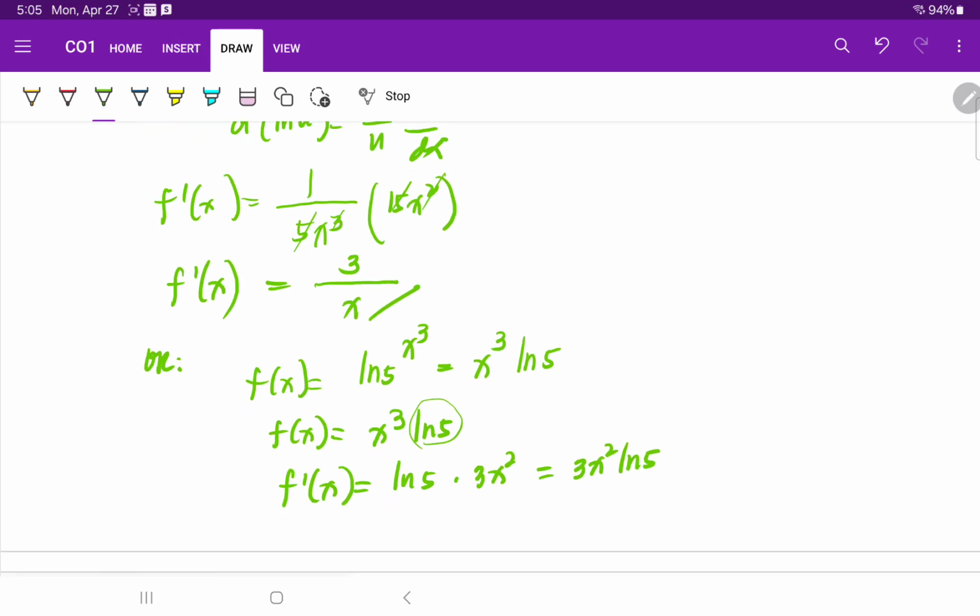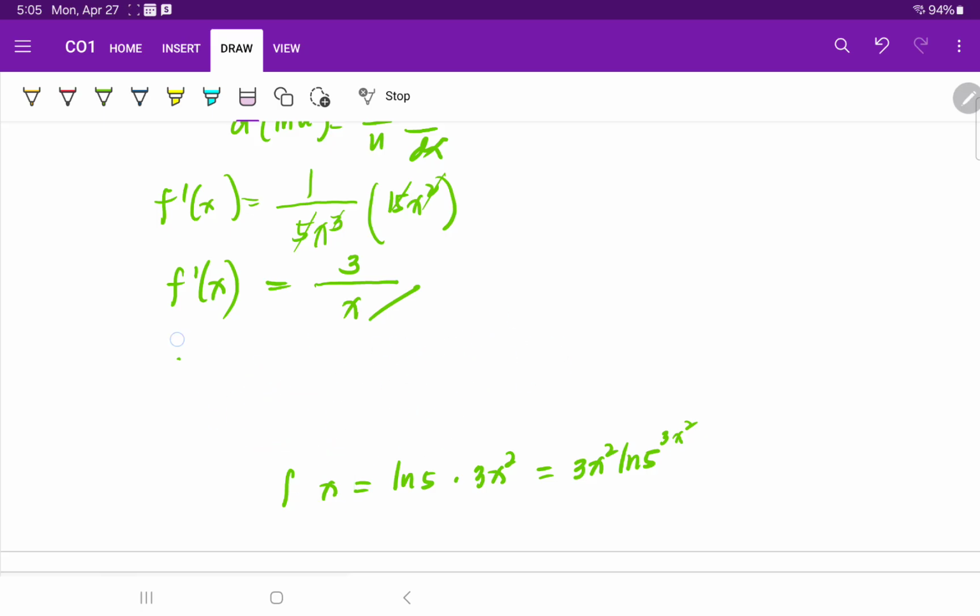We should get here also 3 over x. Ln of 5. Kasi we could write this as, we could bring this up. But we have to simplify. Hold on. Wag na lang to, because you should get the same answer, but we still have to simplify this. So, medyo mas mahaba yung solution. Alright?